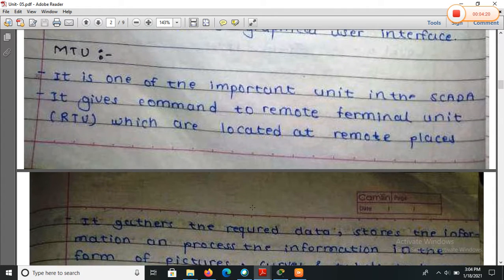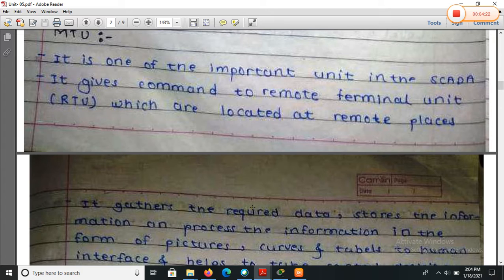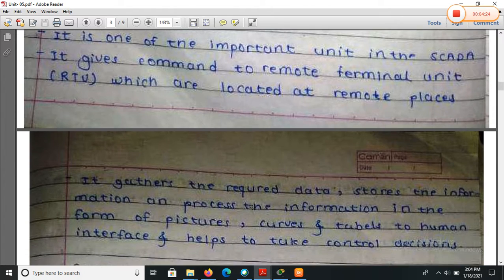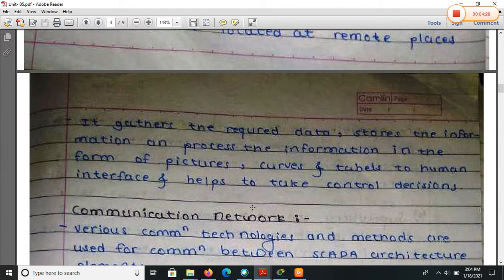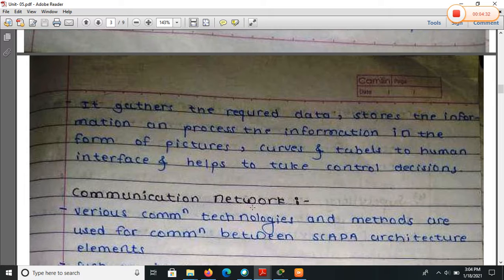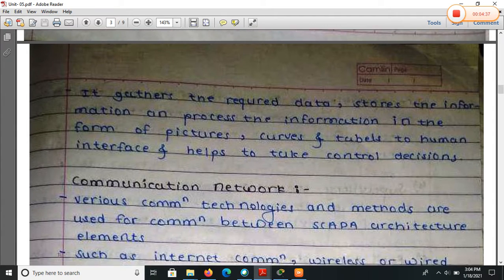Means MTU gives the command to the RTU, gathers the required data and stores the data from the RTU in the form of pictures, curves and tables. And it gives or takes the control decisions.